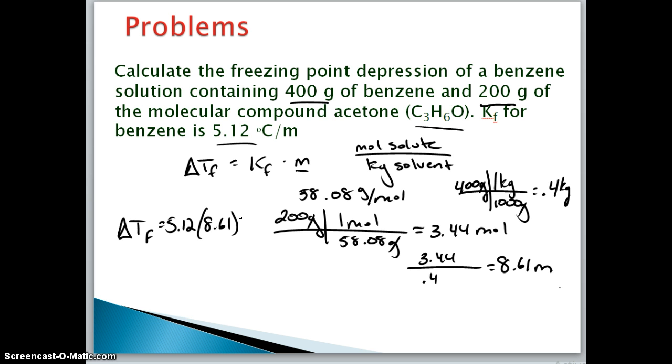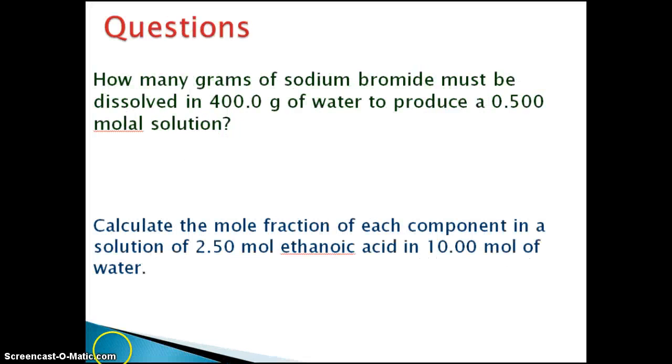We're going to multiply those two numbers together, and we get 44.1 is our change in freezing. And remember, freezing point is going to be depressed. So I like to just put a negative out there so that I know that it's going to go down. And that's 0 degrees Celsius. So a change in temperature of negative 44.1 degrees Celsius is the answer that I got there.